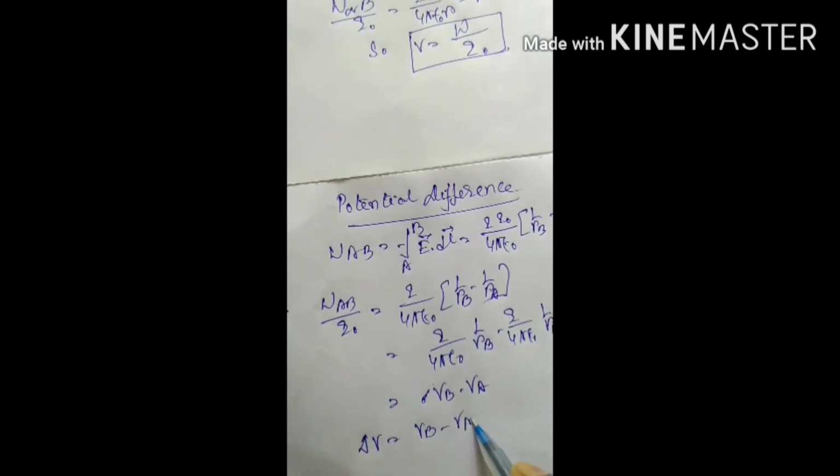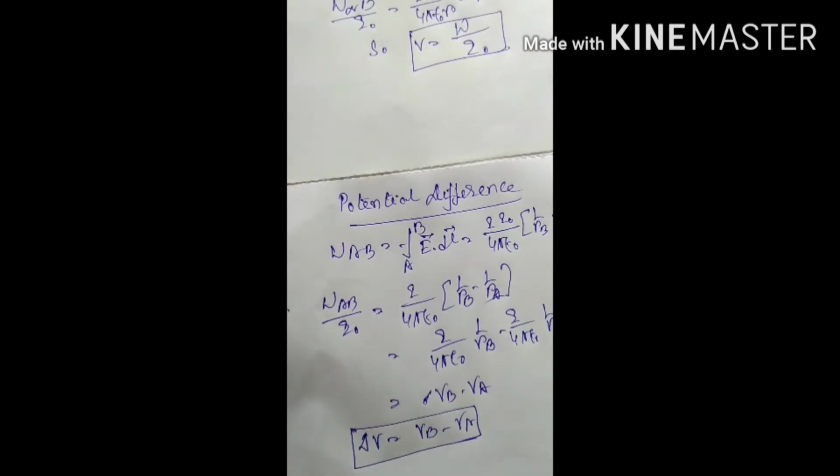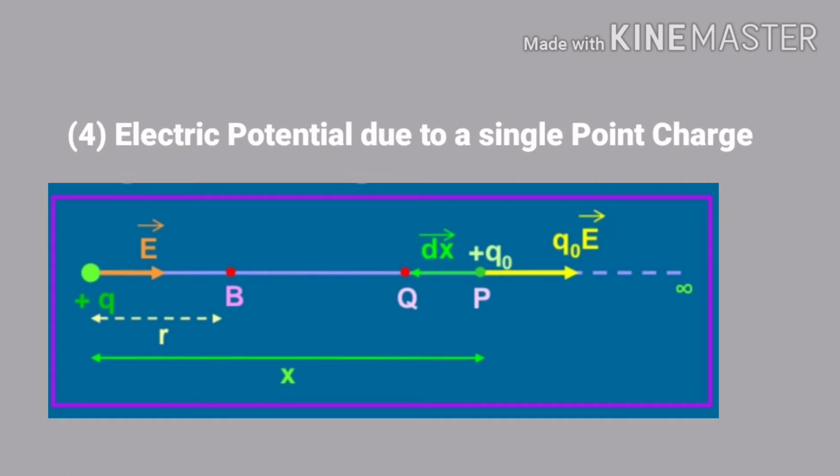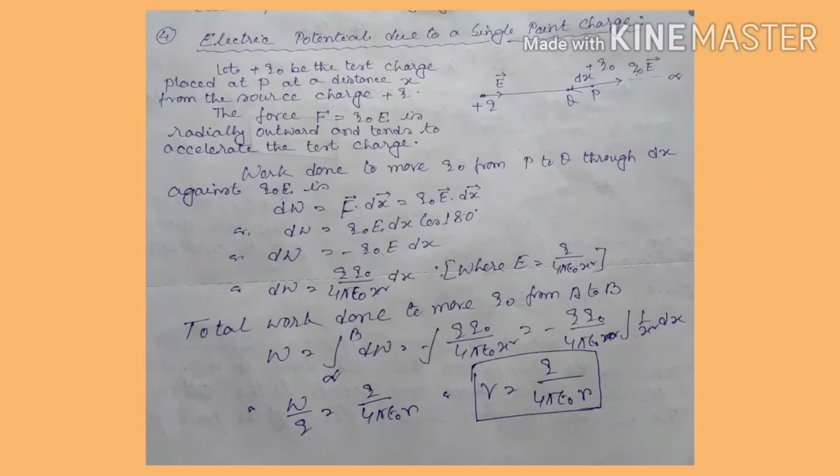Now number 4, electric potential due to a single point charge. Let Q naught be the test charge placed at point P at a distance x from the source charge plus Q. The force F is equal to Q naught E, radially outward, and tends to accelerate the test charge.